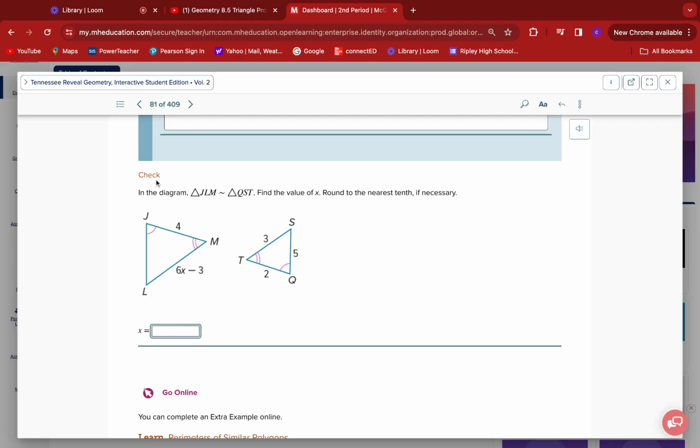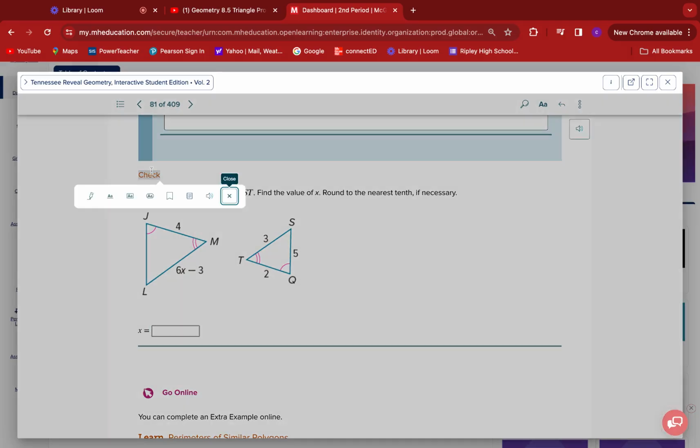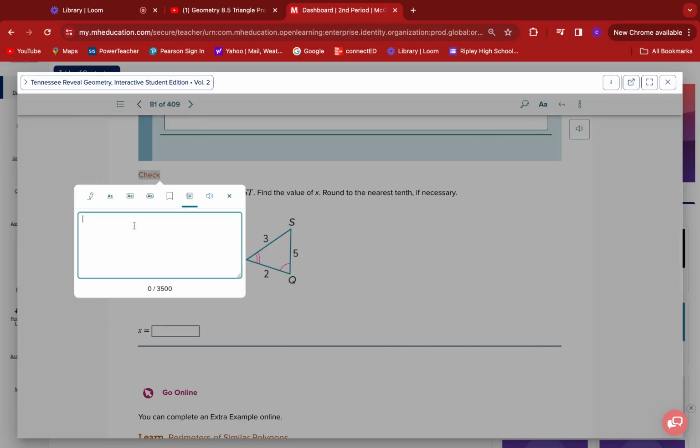Oh, and I love it. They don't give me enough room to write this. Okay, so 6x minus 3 over 3, and then I said it was 4 over 2.